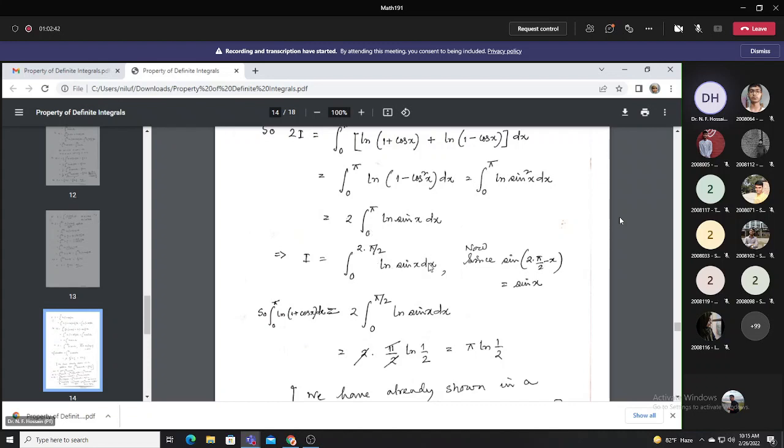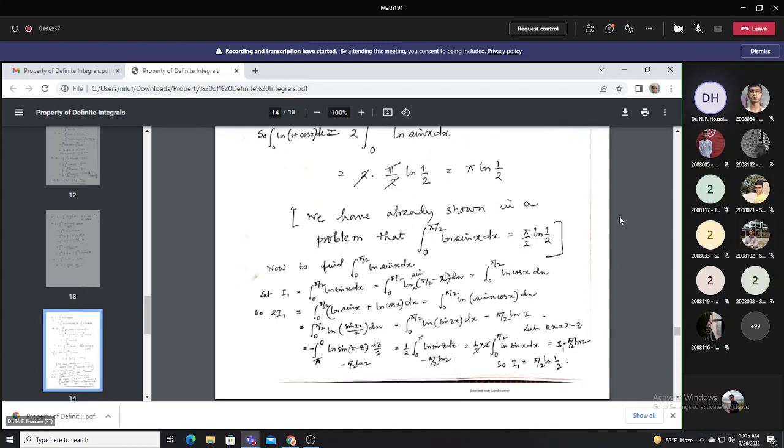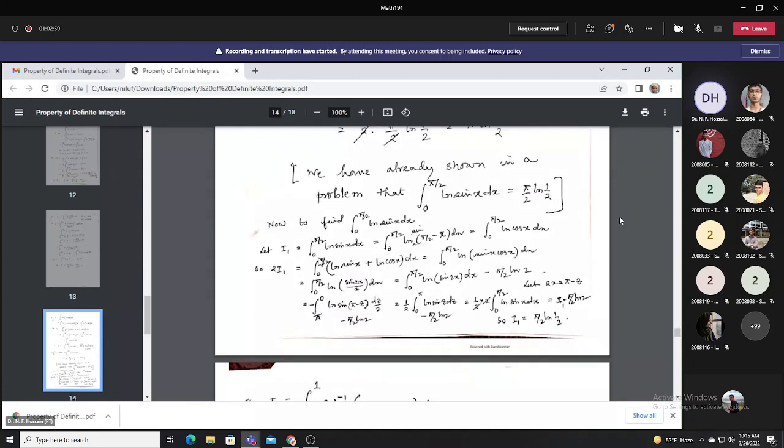Since this property is satisfied, you can write it like this. It will be equal to 2 into 0 to pi by 2 ln of sine x dx. And we have already evaluated it. But here you have to show it. This was the calculation that we have done to evaluate this integral 0 to pi by 2 ln of sine x.